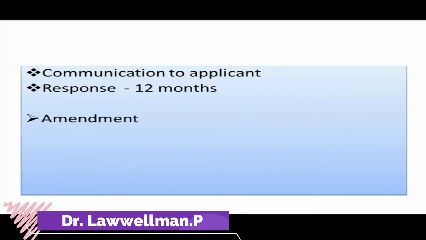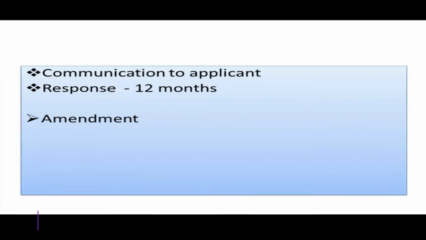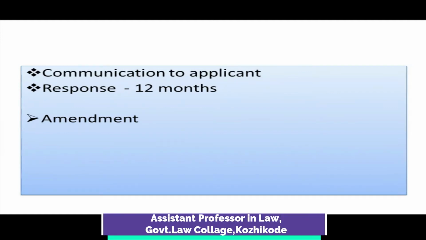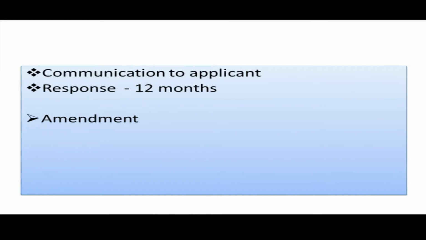You can only make such amendments which are necessary for overcoming the objection without affecting the basic invention. So you can give explanation for that, and you can produce documents.